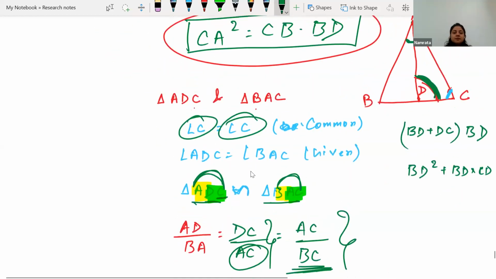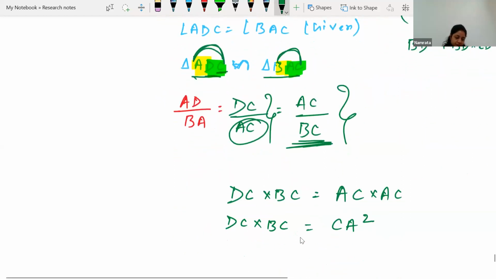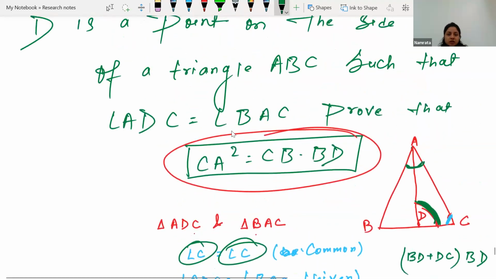Let me check. BAC. AD is to AB is equal to CD is to AC is equal to AC is to BC. Yeah, we have taken the sequence properly. Okay, yeah, I think I have noted it down in a wrong way.